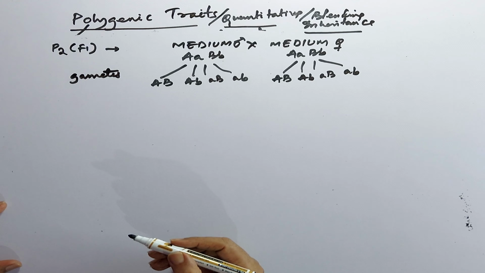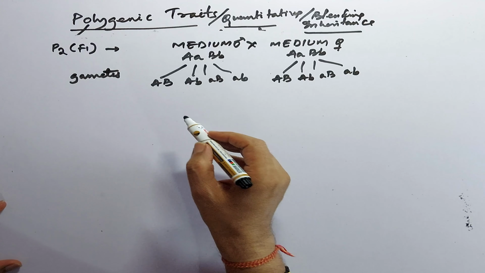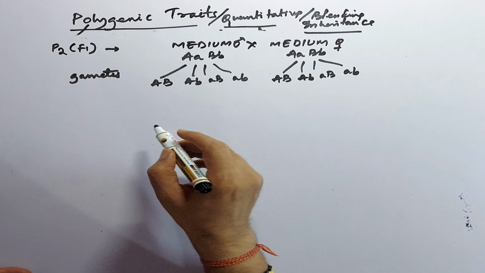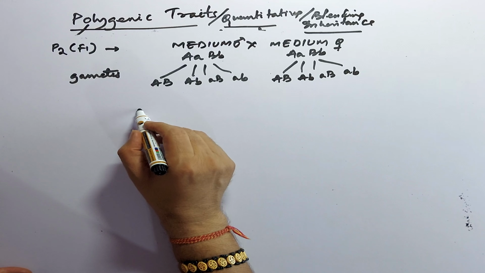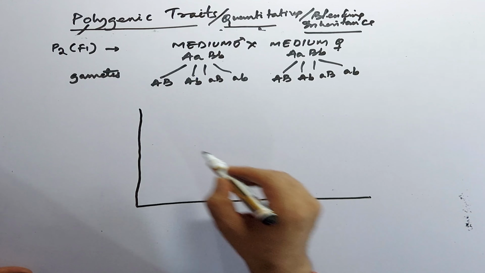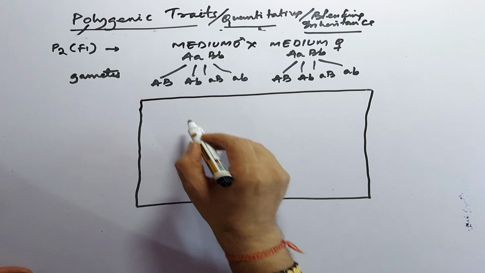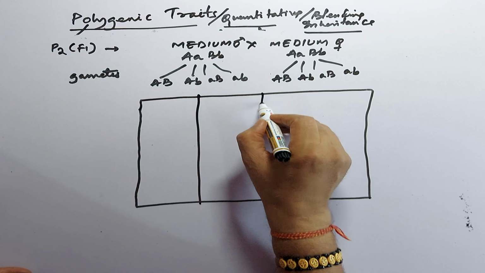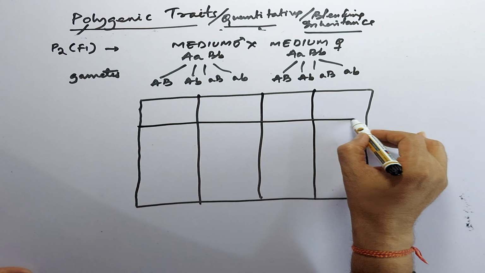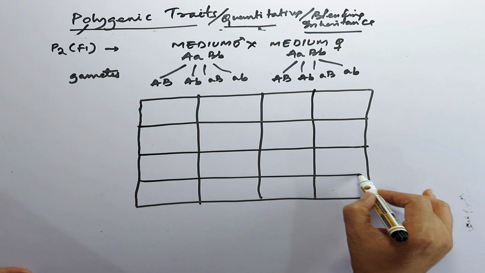Then we will discuss the phenotypes which we will find later when we make the checkerboard here. We can draw the checkerboard as we drew in Mendel's experiment.